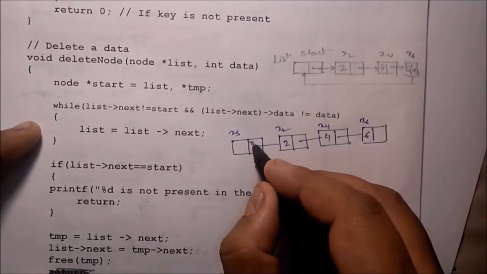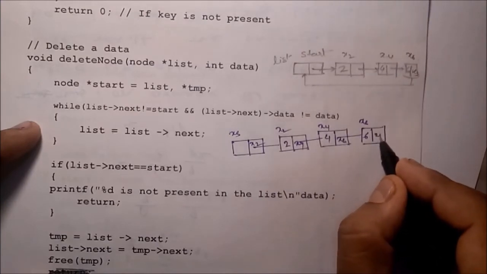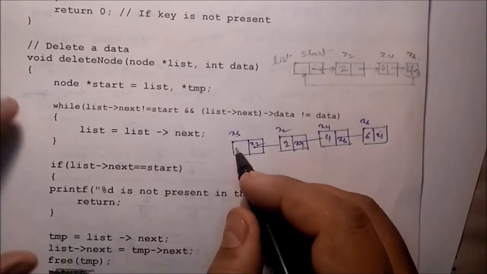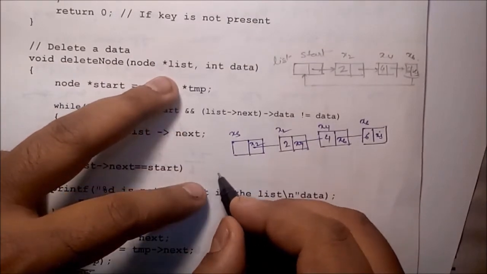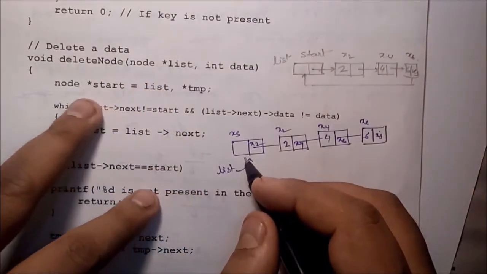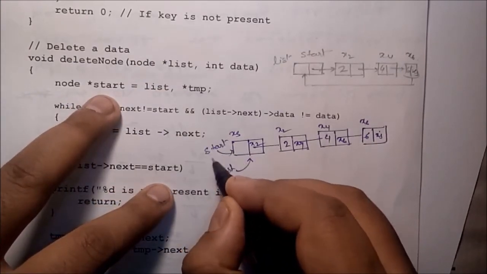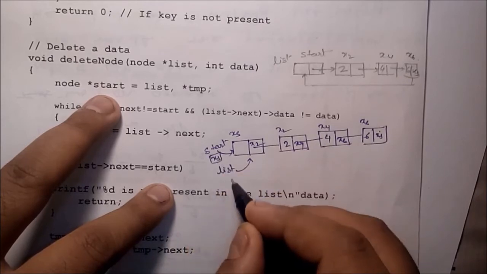Clear? So here x2 is there, x4 is there, x6 is there. And this is the list, and node is equal to start. So start is pointing to this one. So in start x6 is there and in list x6 is there.